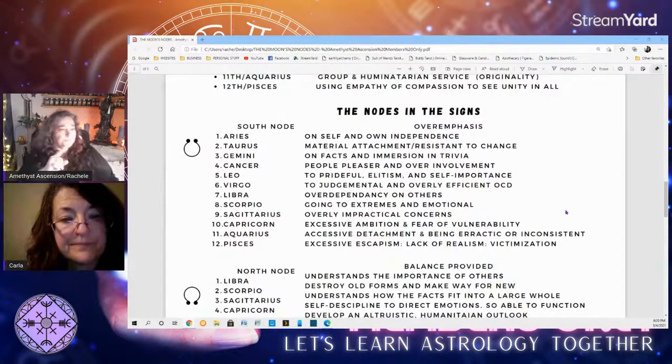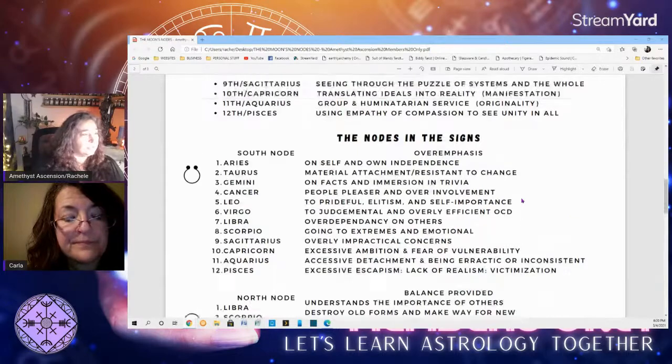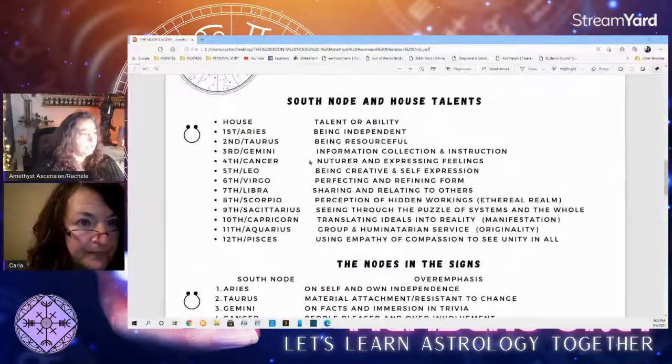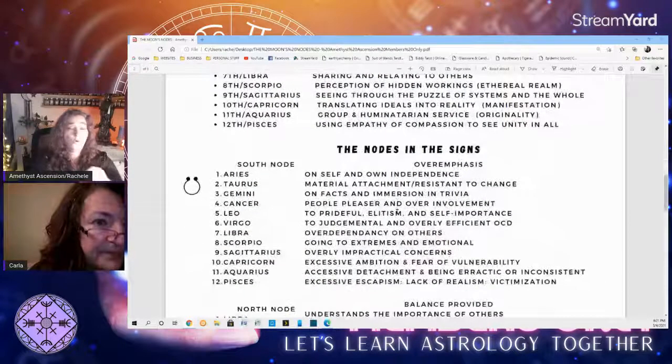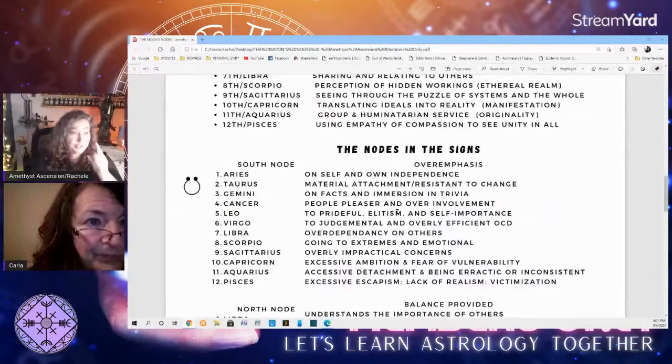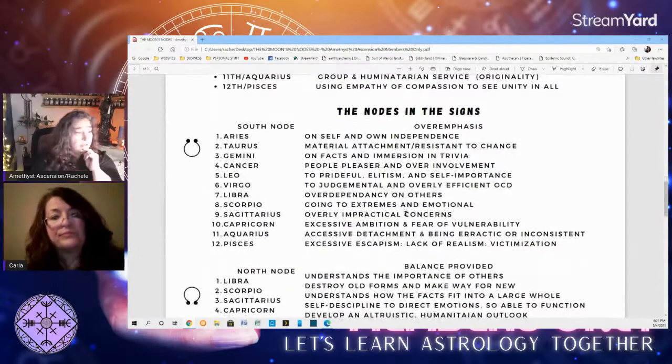Okay, so what that means is, first of all, Gemini: information collection and instruction. That is what your strengths are, that you're coming into this life with a strong ability to obtain information and then teach that information, or give instruction on what you're learning. So that is what you are strong at.